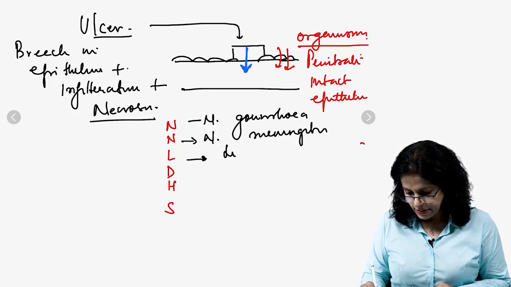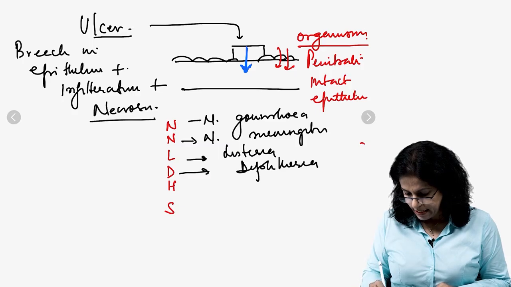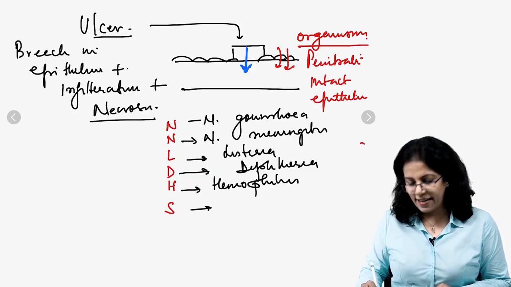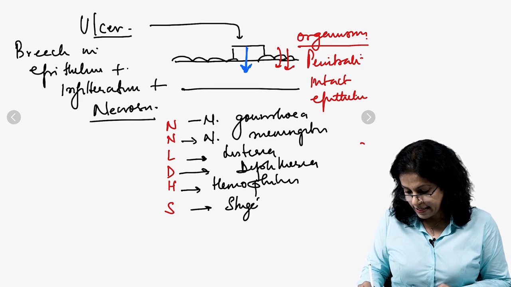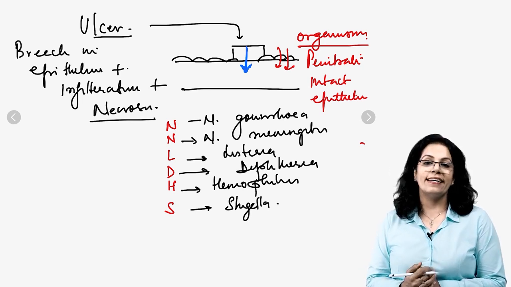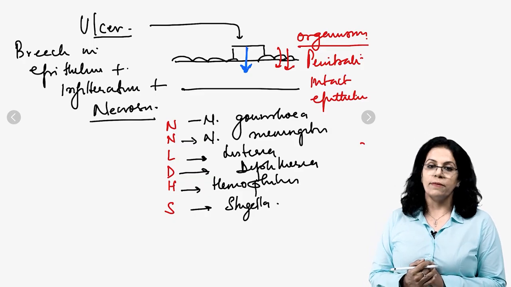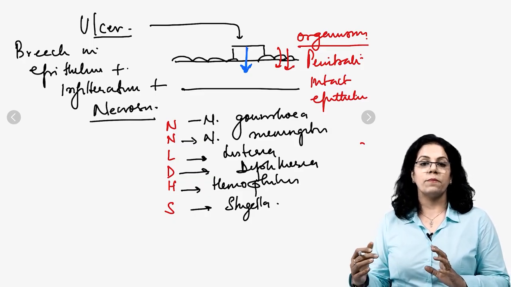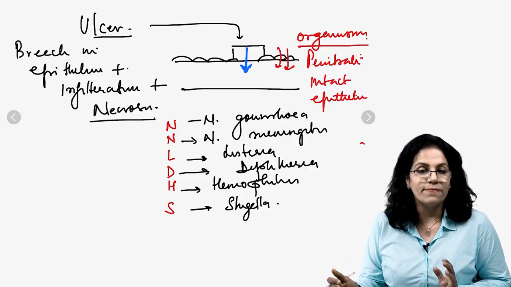L stands for Listeria. D is Diphtheria. Then comes Haemophilus. And the last one is Shigella. Okay. So, what did I say? This is an exam question. NN-LDHS has to be remembered. These are the organisms which can penetrate intact epithelium.